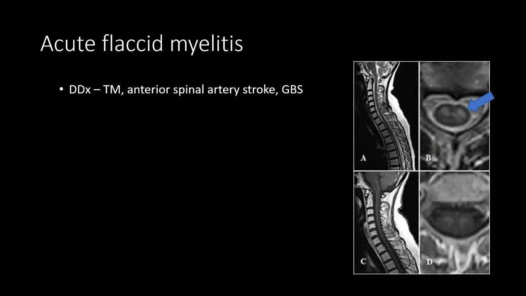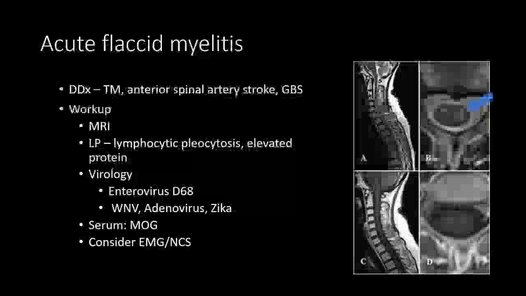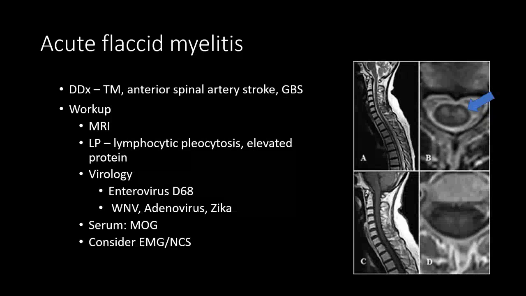While you might not be able to distinguish these based on history and exam alone, most of the time your workup will point you in the right direction. These patients will get an MRI that classically is going to show T2 FLAIR hyperintensities involving predominantly the gray matter of the spinal cord.